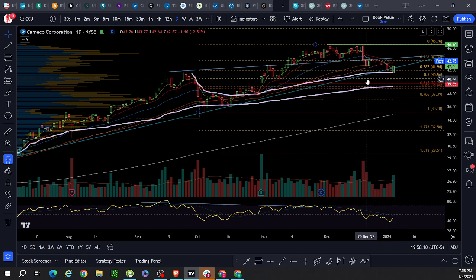Even if I decide to use this Fibonacci retracement, or even go so far as to use maybe $40 as my stop, any of those things are going to work. It depends on the individual's risk profile. But once again, I'm going to be taking a long swing position in CCJ tomorrow.